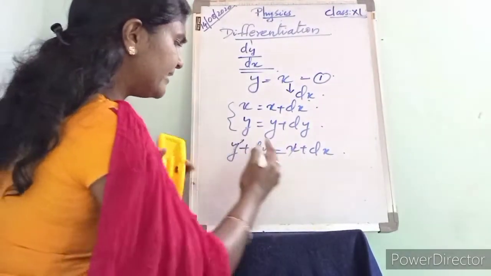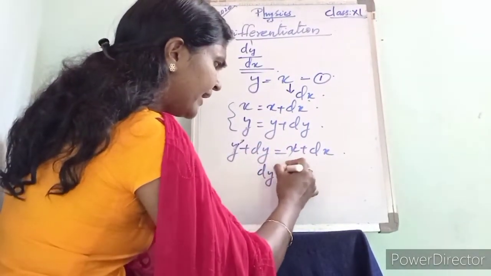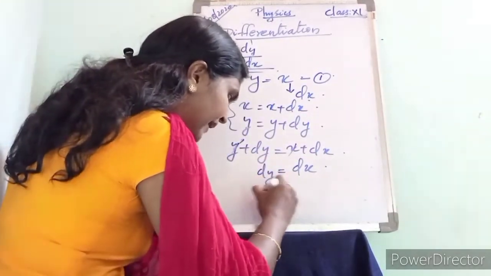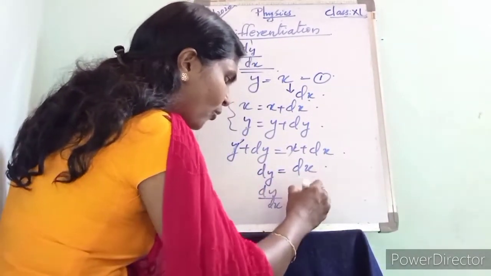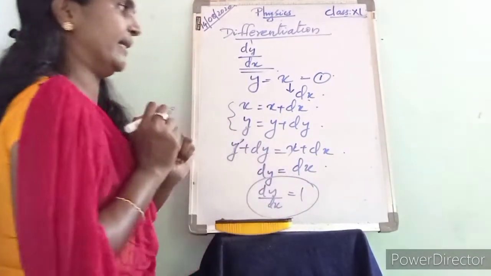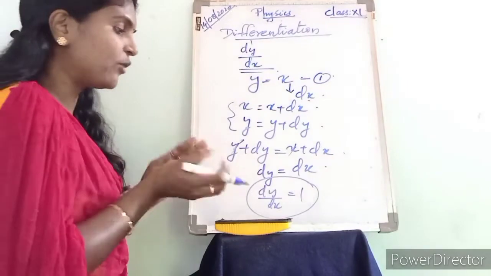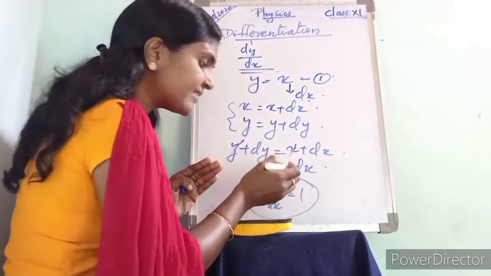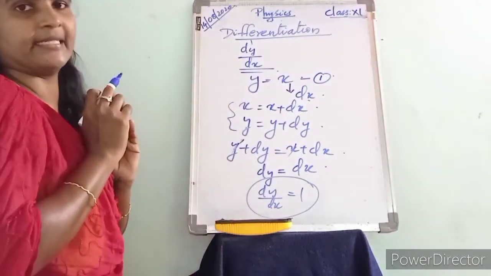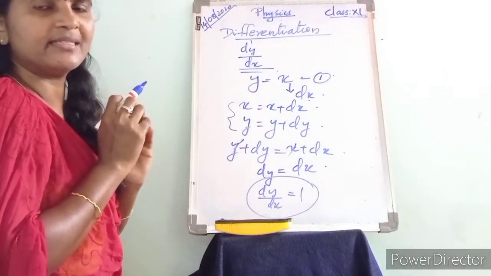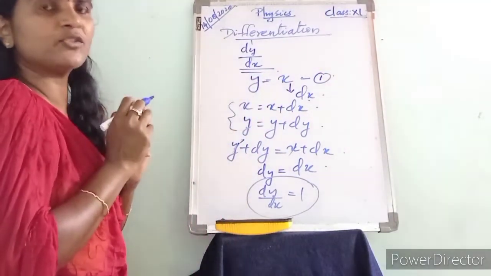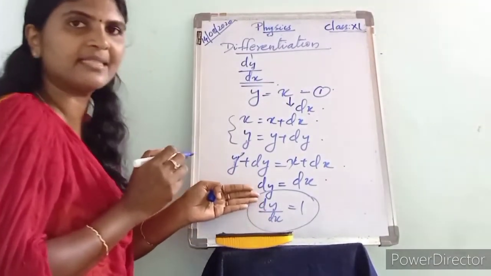So here we can write dy is equal to dx, or dy by dx equals 1. So we got the value of dy by dx as 1 if y equals x.